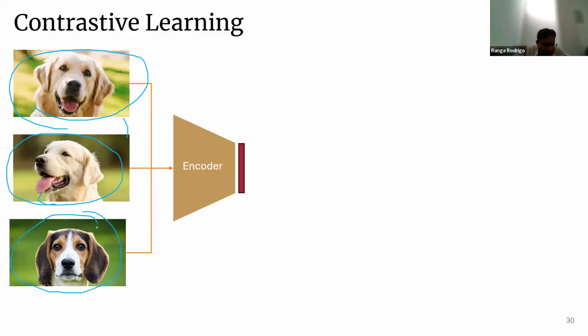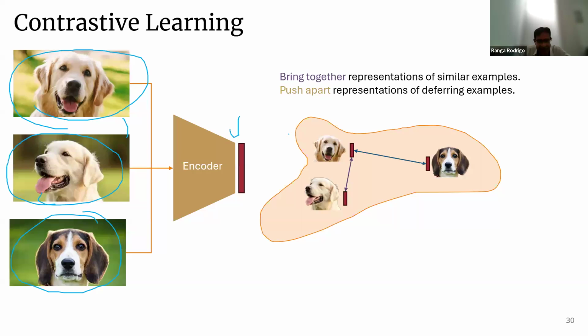Both these types of animals are very good animals. Golden retrievers and beagles are all of good demeanor, and we encode them. And this is the representation that I talked about. This representation should look like this. The two images of the golden retriever should be close by, and the image representation of the beagle should be far away.